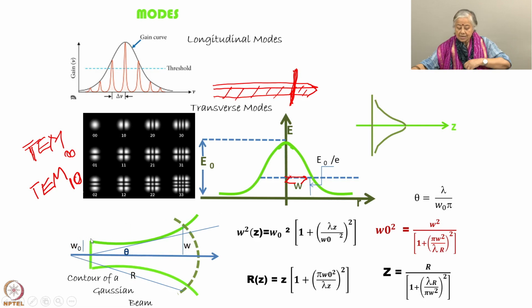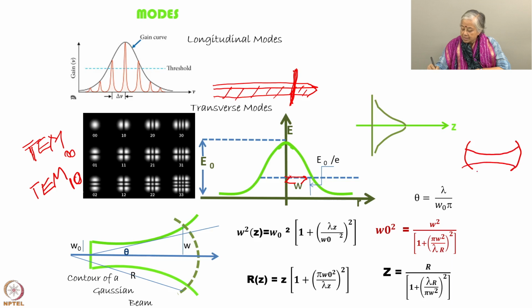That means this laser beam between say 2 mirrors, it is going something in this kind. Okay. So, this narrowest part is called the beam waist, which I have shown here W0. Okay. And then this is diverging out.